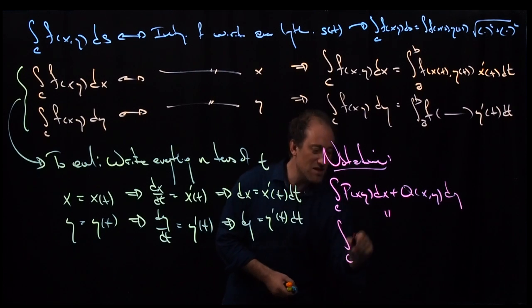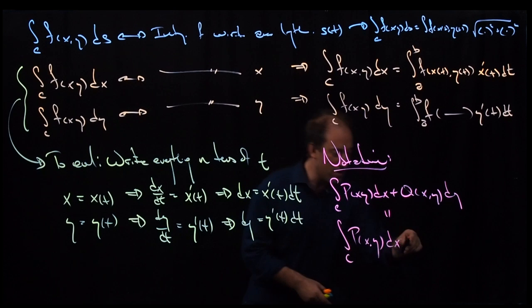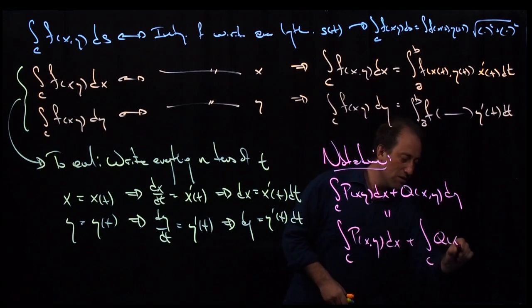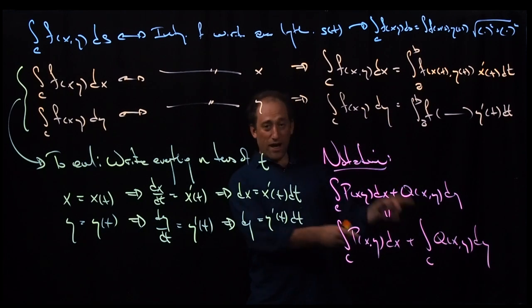Specifically, this means the integral of P(x,y) dx along C and the line integral of Q(x,y) dy along C.